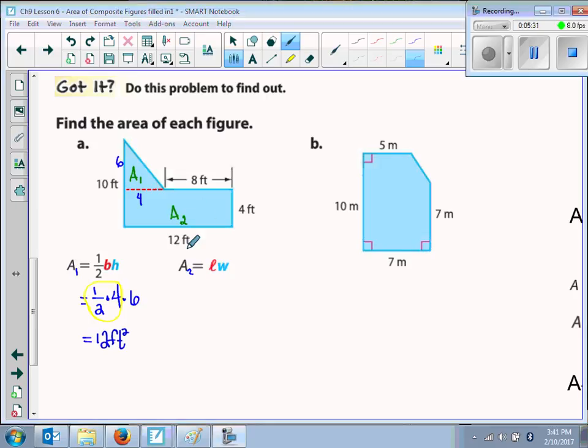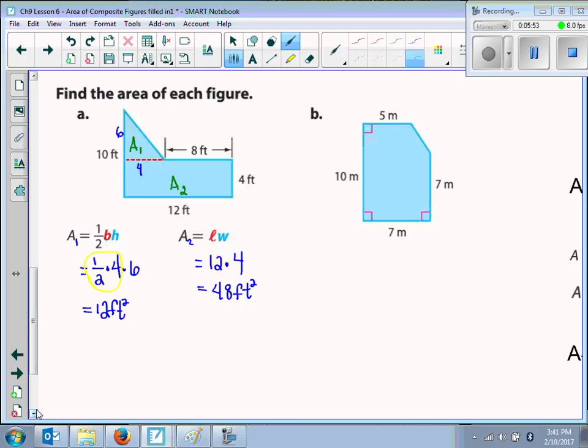So next we can find the area of the rectangle. So here's the length, there's the width. So we have 12 times 4. So the area of the rectangle is 48 feet squared. Don't forget to put your units, right? Feet squared.